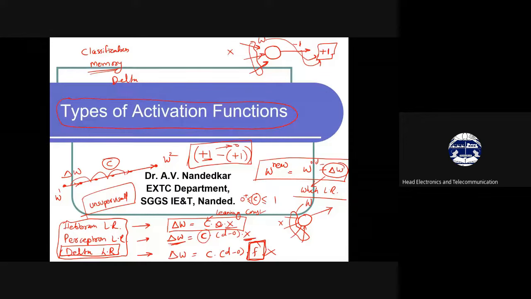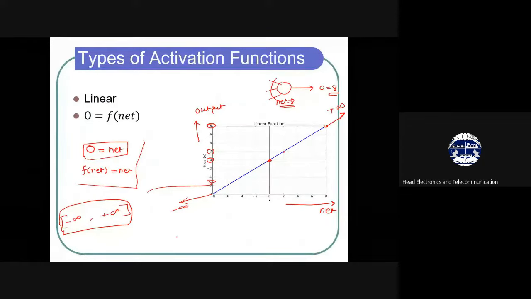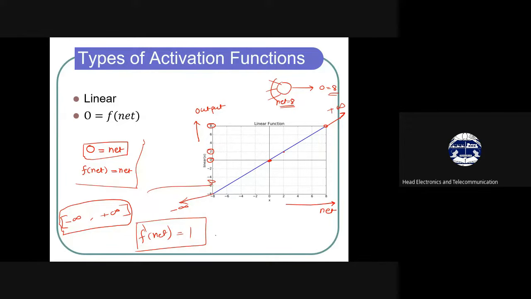You must use an activation function which is differentiable. This logistic function is differentiable, so we can use it in the delta learning rule. Similarly, the linear activation function is also differentiable. If I differentiate f of net with respect to net, f dash of net will be 1. Since this is differentiable, I can use this linear activation function even in the case of the delta learning rule. So remember this point.